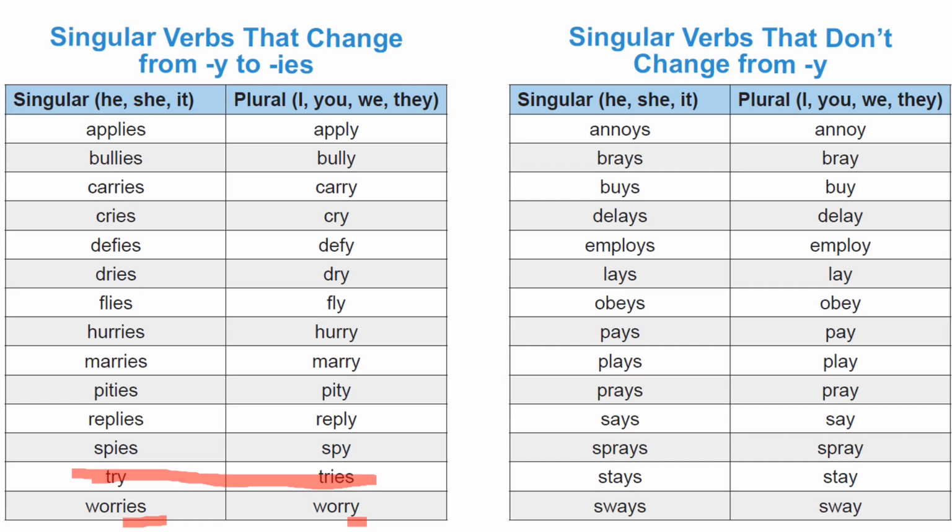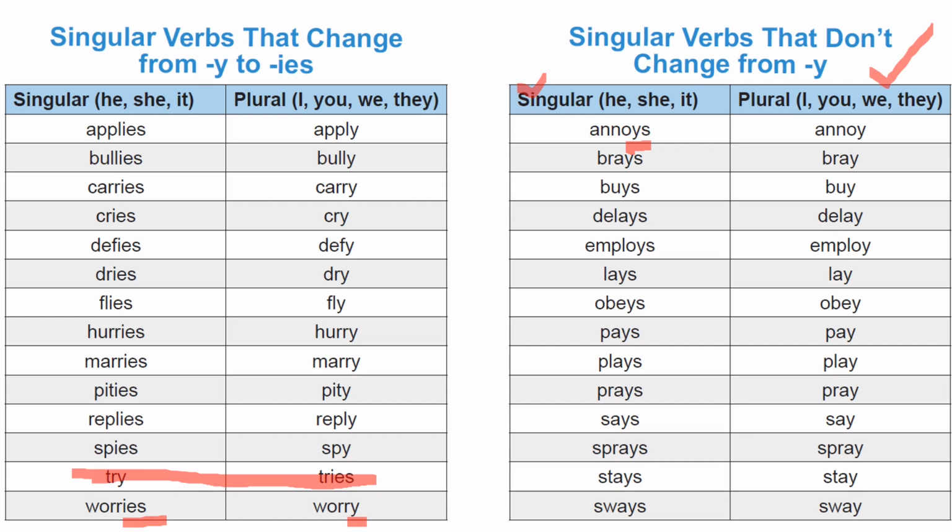Then we have singular verbs where, when we want to create their plural form, we don't remove y. On this side we have singular verbs, and on the other side we have plural verbs. So let's take a look at them one by one. We have the word annoys here.